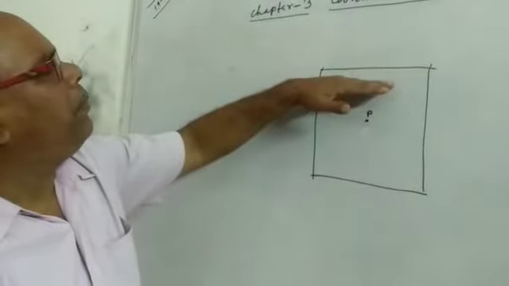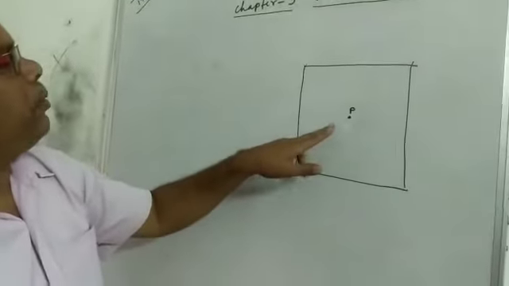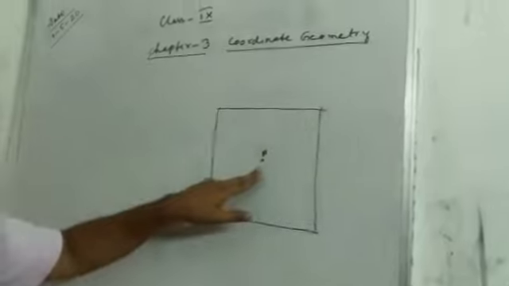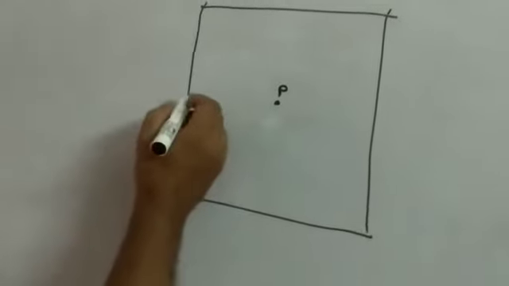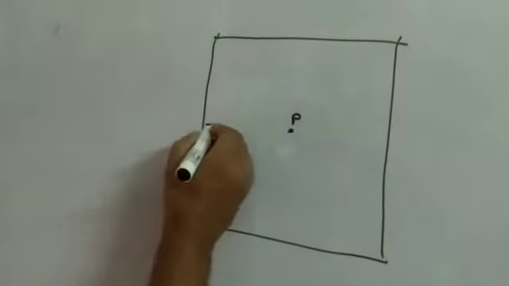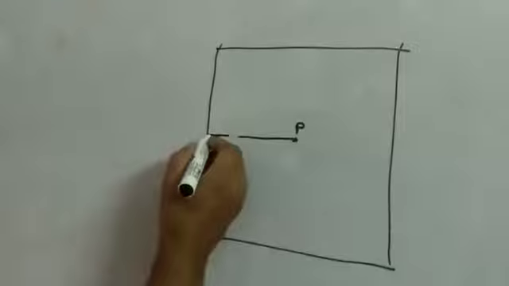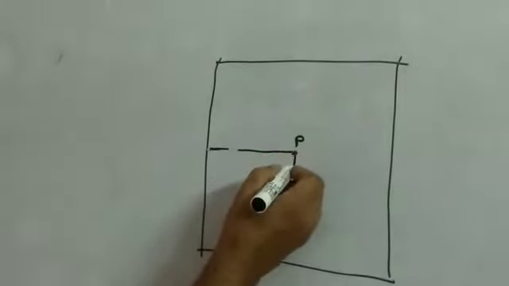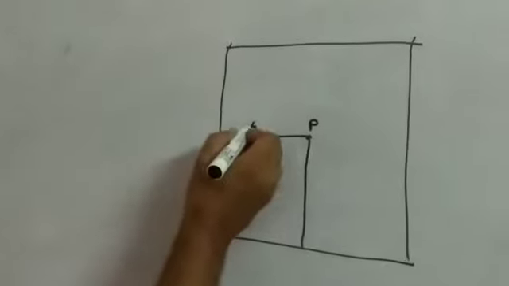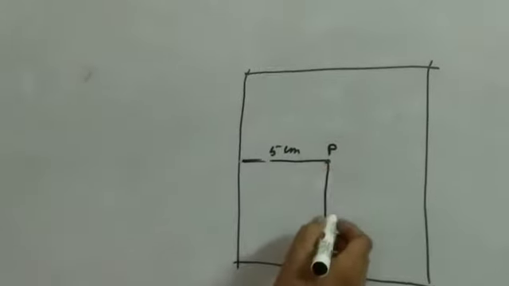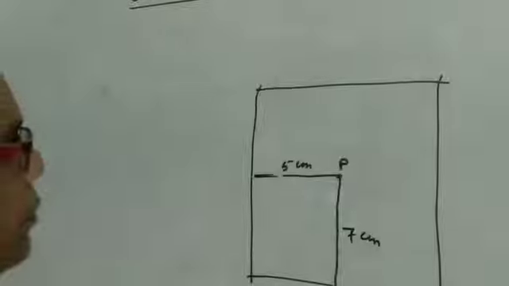We can find the position of point P in different ways, but the best method is to draw one perpendicular line to the left edge and one perpendicular line to the bottom edge. Suppose this is 5 centimeter and this is 7 centimeter.